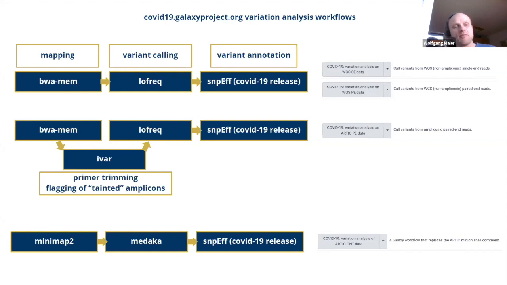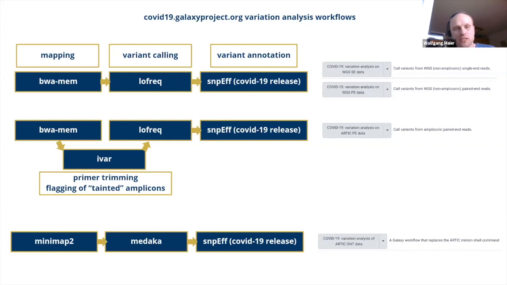Since the amplicons are tiled, you have almost every region in the genome covered by two sets of amplicons. And if primer binding in one of them is affected by the mutation, then you might actually get false allele frequency reports. So you might have biases in the allele frequency you're reporting. And so in that case, if that's possible, we're trying to ignore one of the sets of amplicons that is affected by the mutation. That's another trick in there, but otherwise the workflows are relatively comparable.